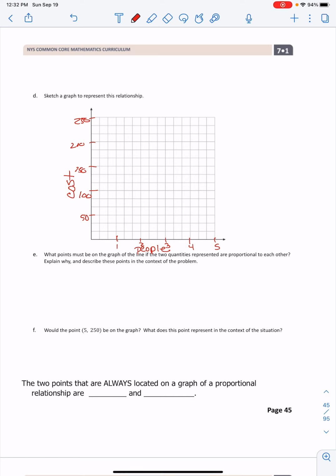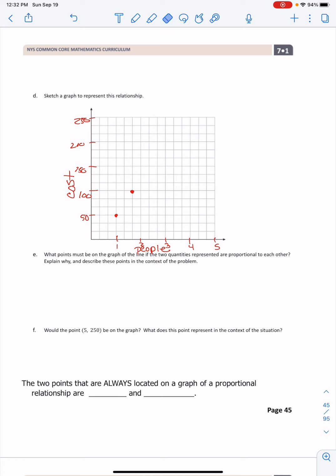So let's graph this. We have 1 and 50, 2 and 100, 3 and 150. Oh, sorry, I graphed that wrong.